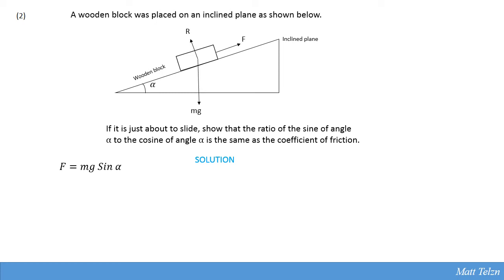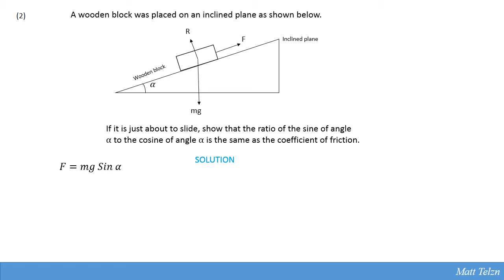If you look at the inclined plane there, you notice that we have the parallel and the perpendicular forces acting on an object that is falling down the inclined plane. The direction of the force F that is acting is parallel to the inclined plane, and the direction of our R is perpendicular to the inclined plane.